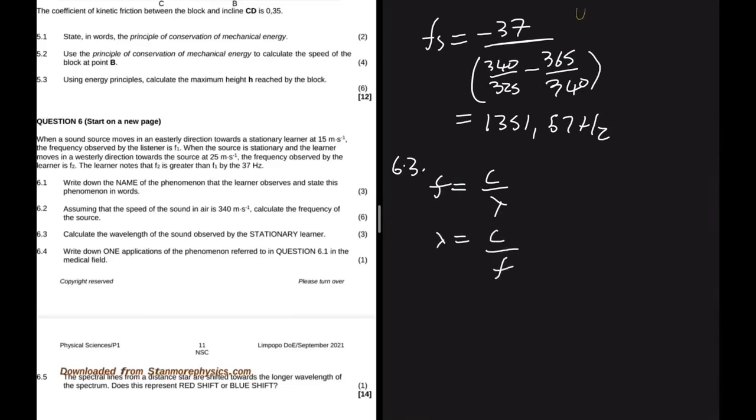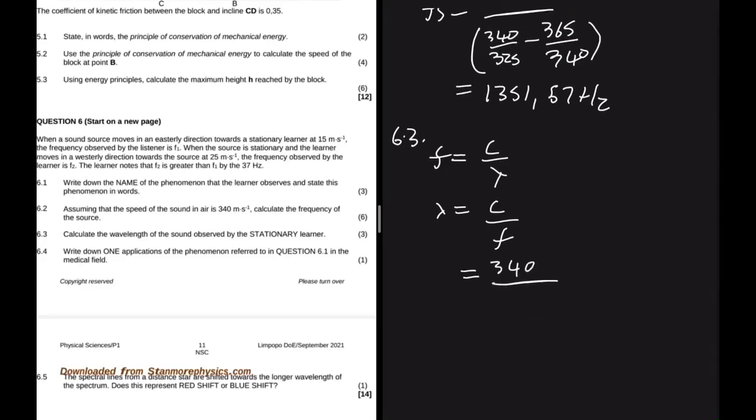And then what is the speed? Because we're talking about sound here in air, we are told that the speed is 340. And then what is the frequency? The frequency is what we just calculated, which is 1351.57, which is equal to 0.252 meters.